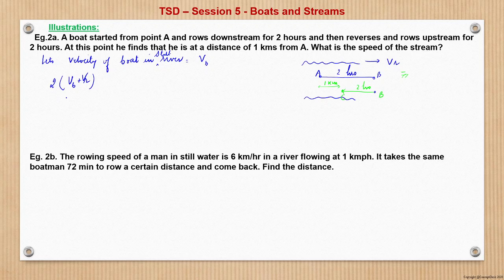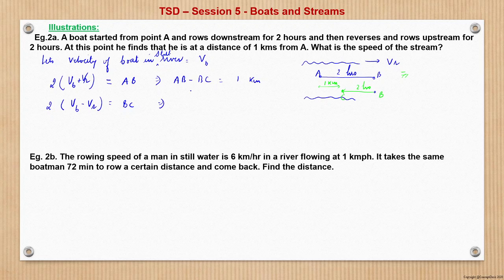So this is the distance AB. And what is the distance BC? When traveling BC, the effective speed upstream will be VB minus VR, and the boat traveled at this for 2 hours, and this is the distance BC. We know that AB minus BC is equal to 1 kilometer.